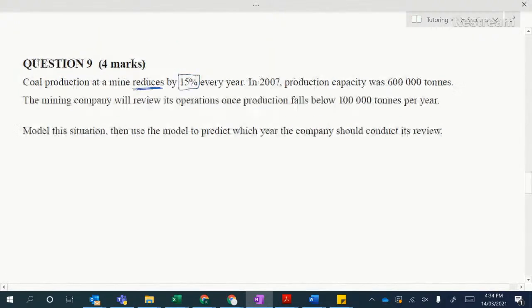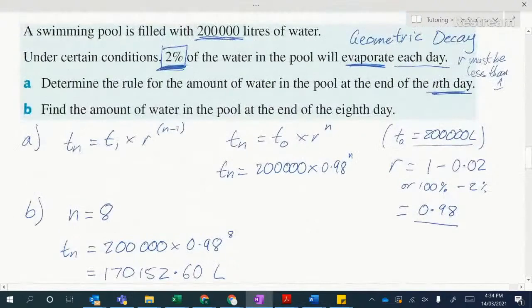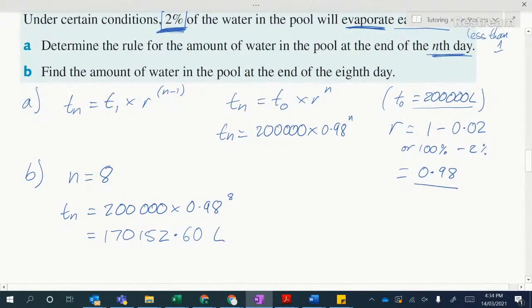Someone asked, how come it isn't to the power of n minus 1? Yeah, that's what I was talking about at the beginning here. If you start with t1, then it has to be to the power of n minus 1. Whereas if I start at t0, then I just go to the power of n, because I've already taken away 1 by starting at 0. So it depends on the kind of question that you're doing.